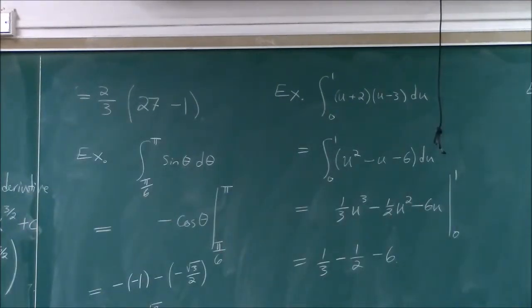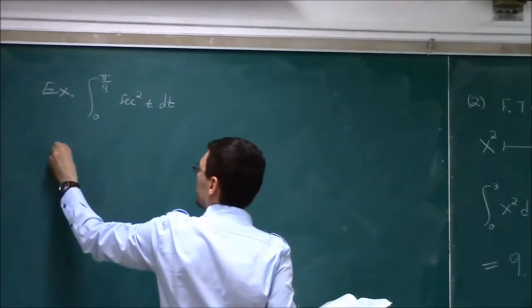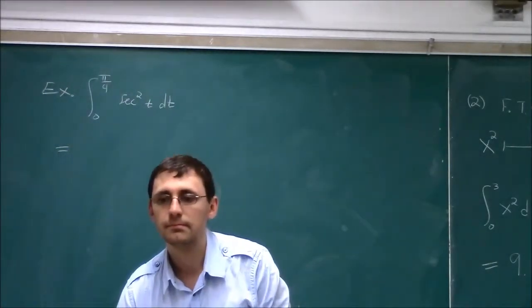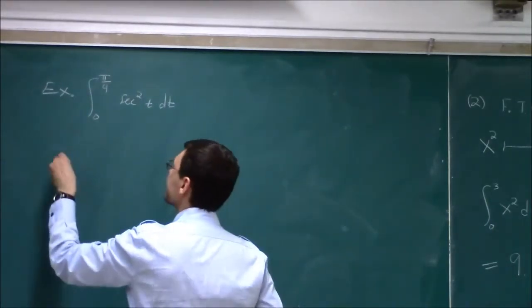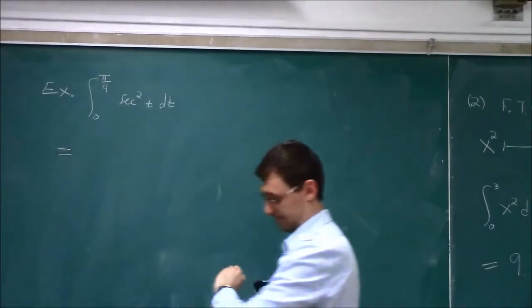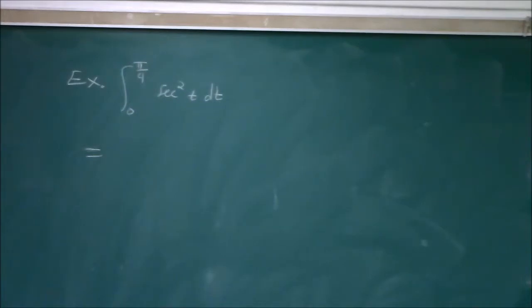So let's say, very quickly, the integral from 0 to pi over 4 of secant squared of t dt. What do I get? All right, so either you recognize it or you don't.